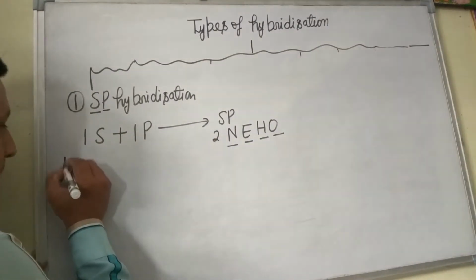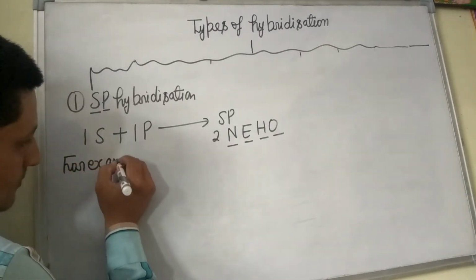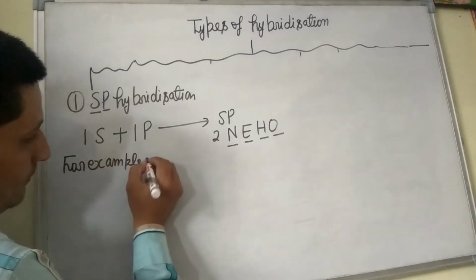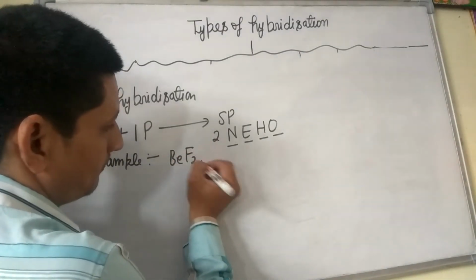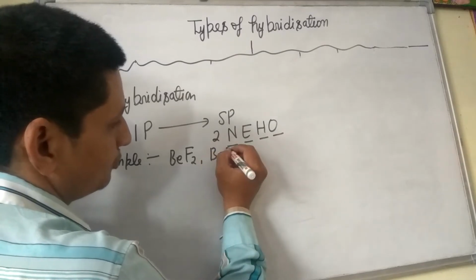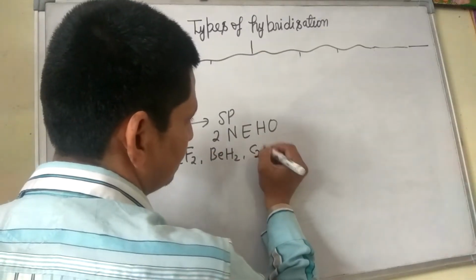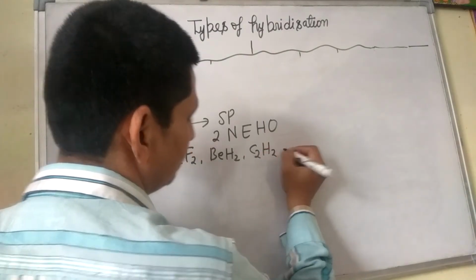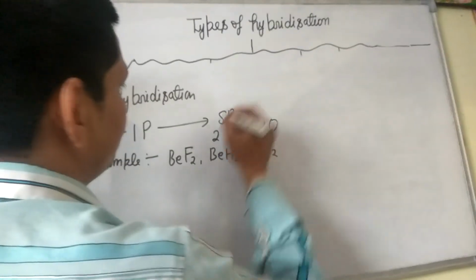For example, BeF2, BeS2, C2H2. Important points about sp hybridization.